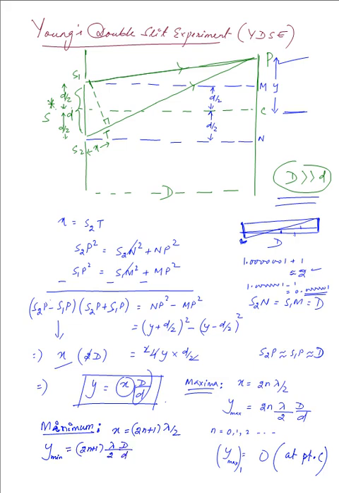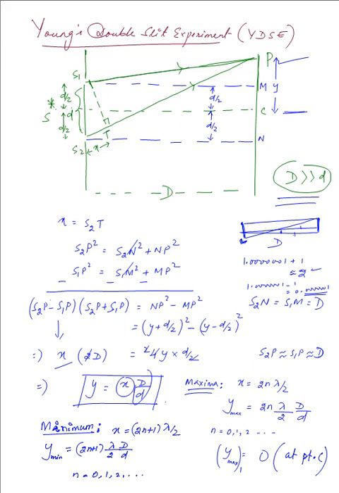Now, it depends obviously on the factors capital D and small d where we are going to obtain the maximum and the minimum on the screen. But nevertheless, the common factor in both of them is n, which is again 0, 1, 2, and so on.